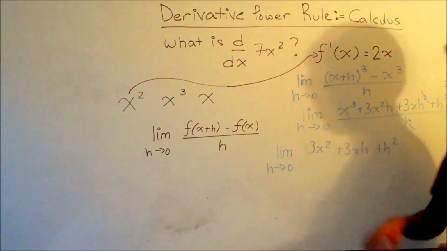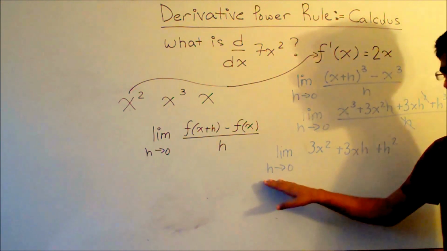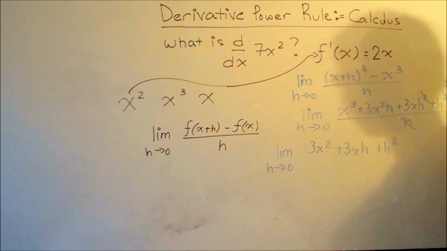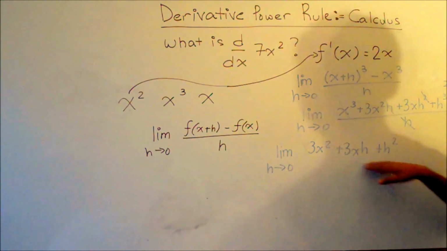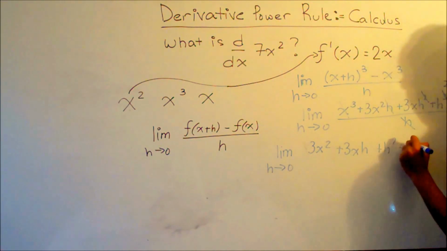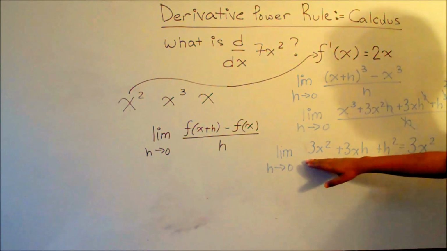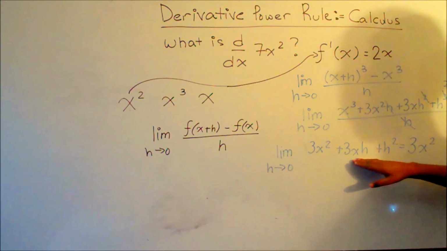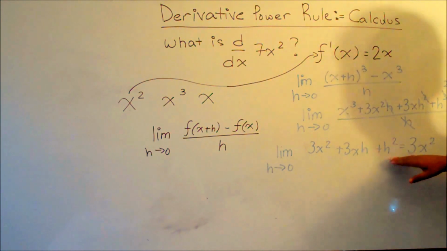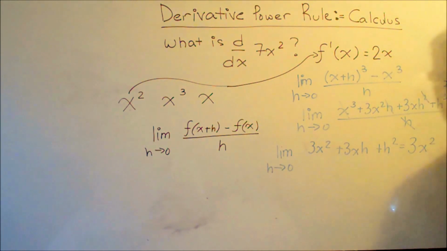As we can see, we don't have a denominator that becomes 0 when we plug in h, so we can just use direct substitution and plug in 0 for h. This is equal to 3x squared, because we get 3x squared plus 3x times 0 is 0, plus 0 squared is 0.